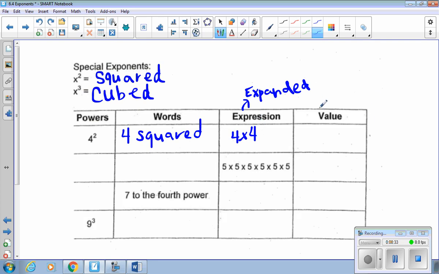And the value is the same thing as what we said is standard form, which just means what is the answer, or actually do the multiplication in the power. So what is 4 times 4? Well, 4 times 4 is 16. That you should all be pretty familiar with.